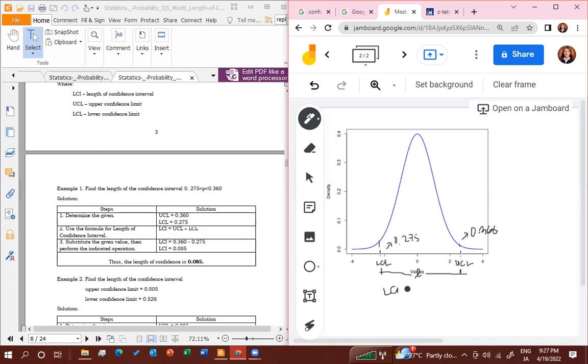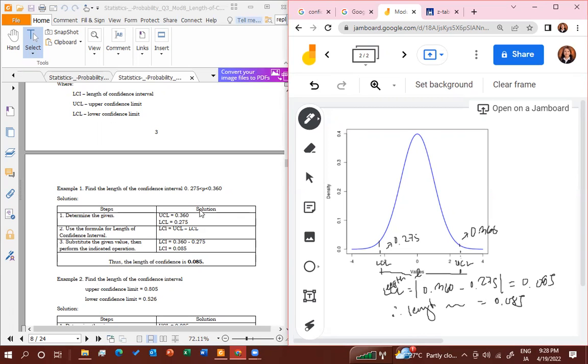So the length is equal to the absolute value of the difference between these two, which is 0.085. Therefore, the length of the confidence interval is equal to 0.085.